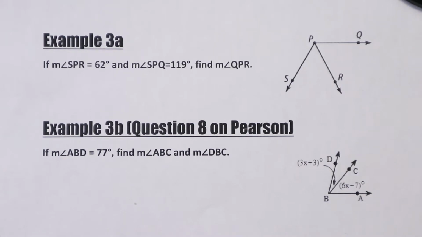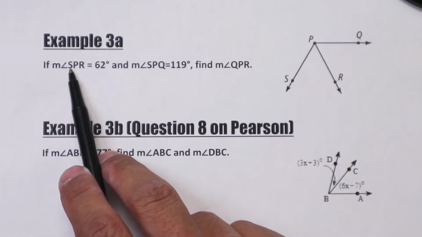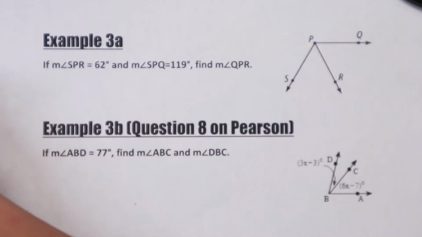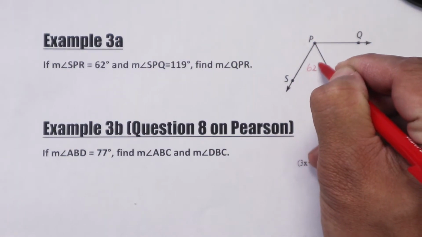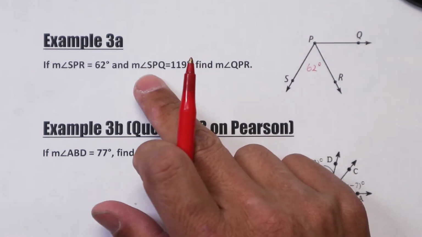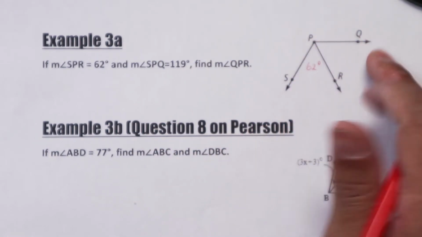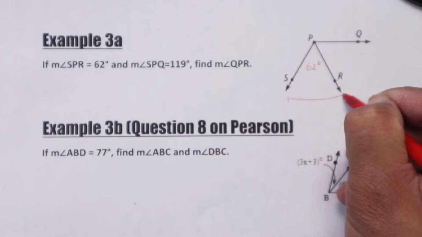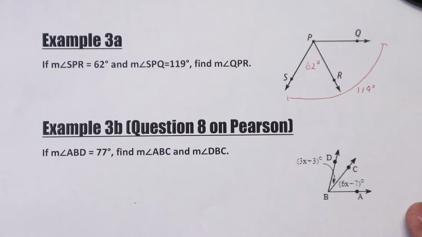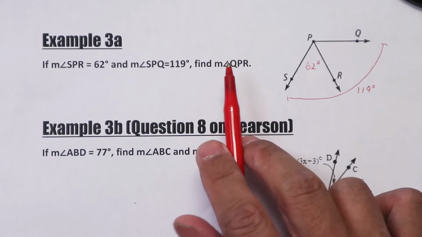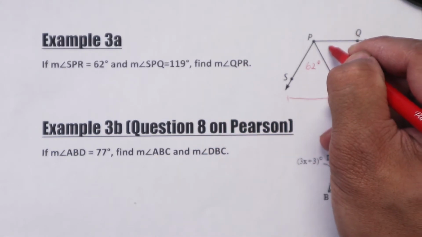In example 3a, it says that if the measure of angle SPR is 62 degrees, let's actually label that. SPR is 62 degrees. And the whole thing, SPQ, is 119 degrees, which we could just draw like this, right? And just name it 119 degrees. Well, how can you find the measure of QPR, which is this one right here?